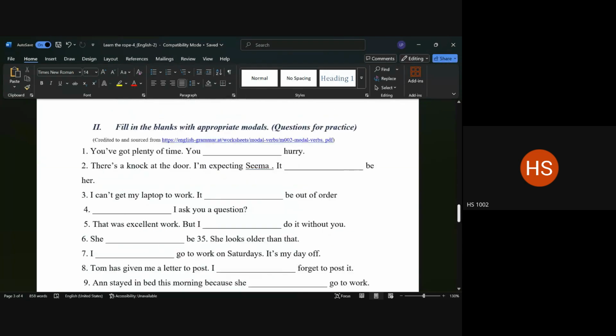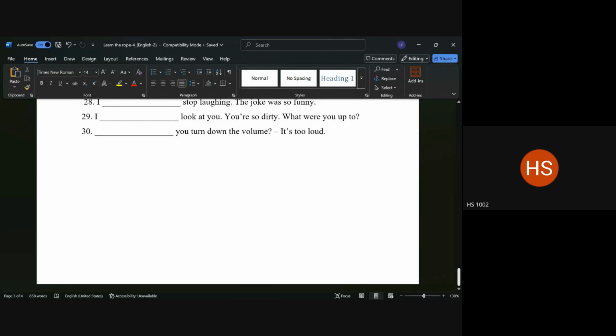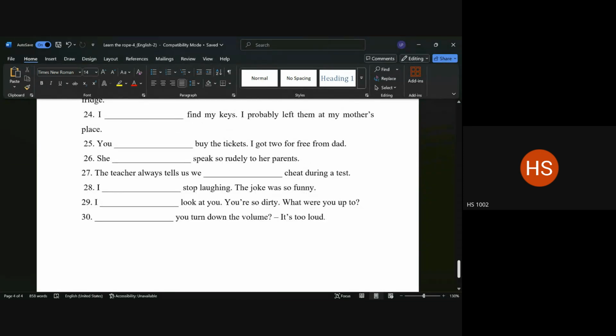Like I told you, there are another 30 questions, because modal verbs are very important for your English students, because you have one whole week of lectures on modal verbs. Also, because modal verbs are very important both in formal speech and writing, and their use goes far beyond simple conversations.